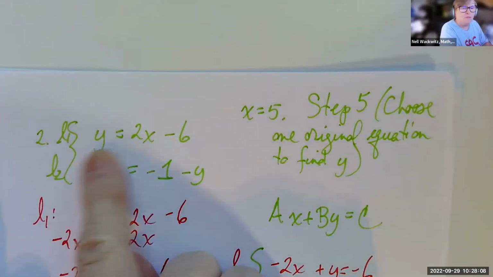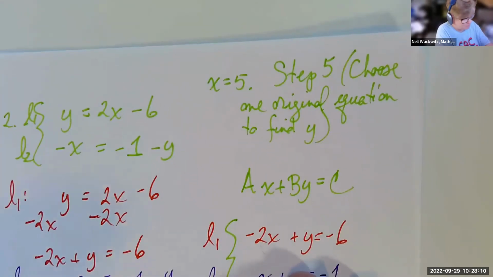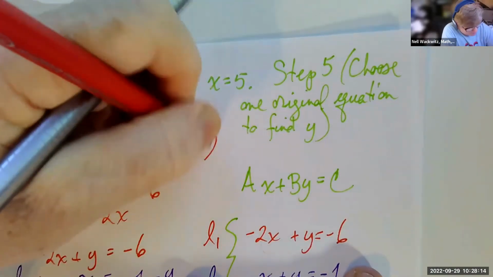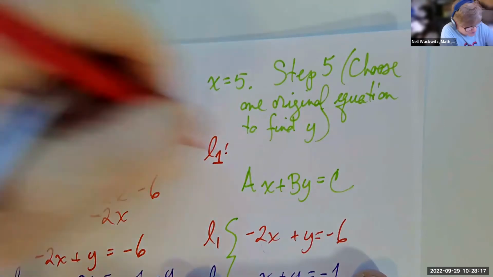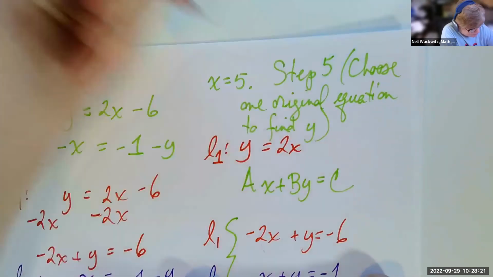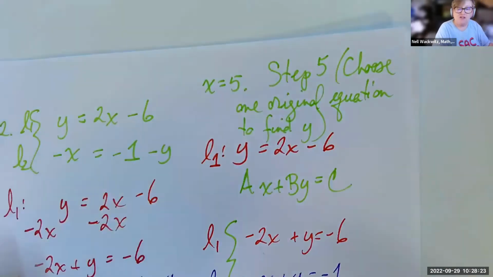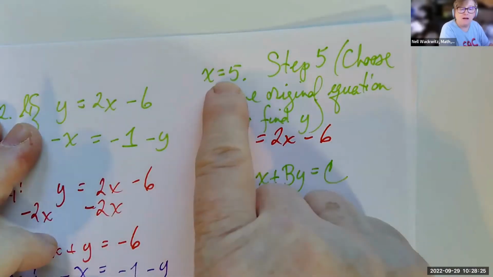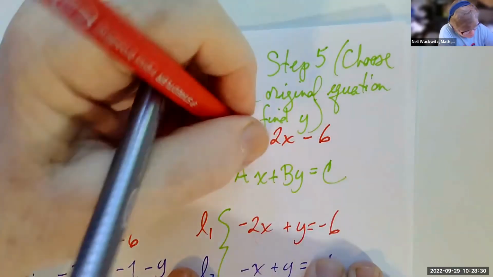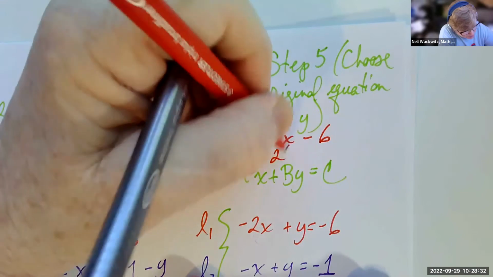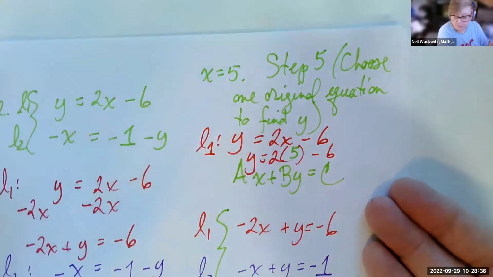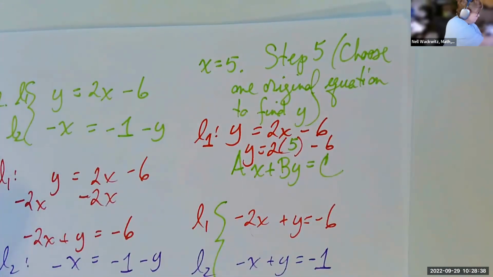Okay, and we're going to use the original form of it. We're going to use line 1, and it was originally y equals 2x minus 6, and we're substituting the value of x as 5. So we have y equals 2x minus 6. We're putting a 5 in for x.